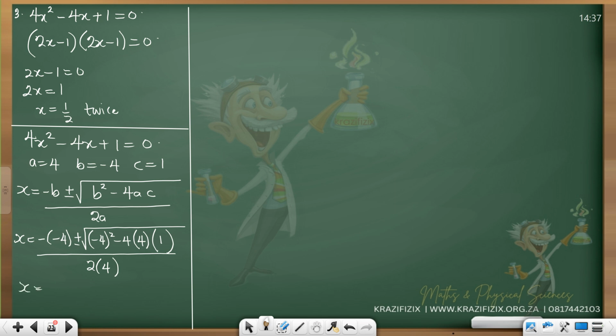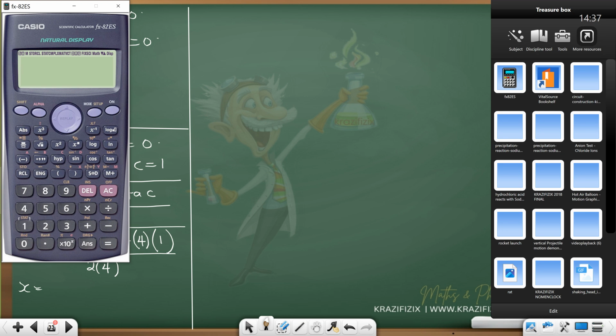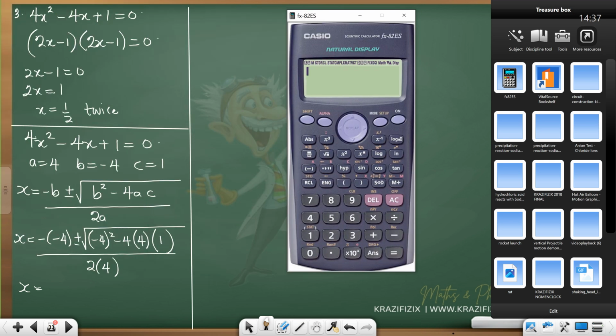x is equal to, let's get a calculator. Okay, there we go. So, negative, open bracket, we have negative 4 plus the square root of negative 4 squared minus 4, 4 and 1.